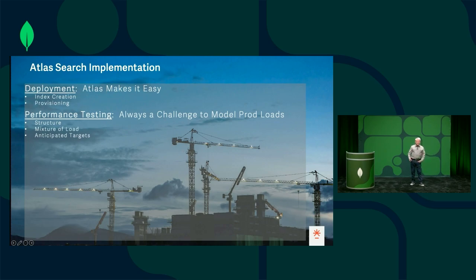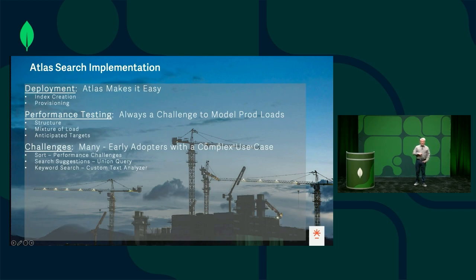And I don't think you ever do, to be honest, but you try to get something that is as close as possible so it's directionally correct. So we spent a lot of time adjusting our performance tests and getting to a place where we had a fairly good idea of how things were performing. And we knew, based on that, what we wanted our anticipated query performance targets to be. And we kept trying to adjust and achieve those targets. And it took us about a year to get there.